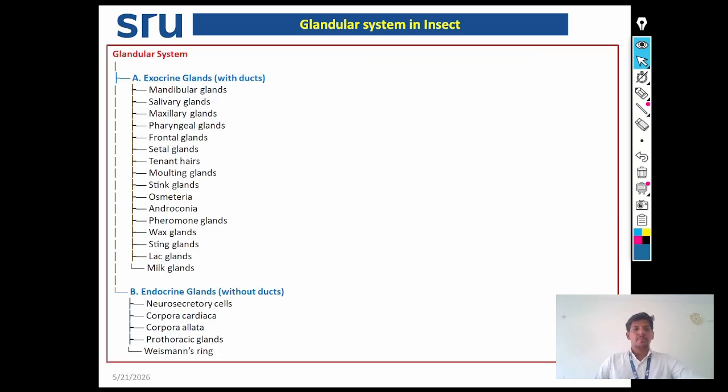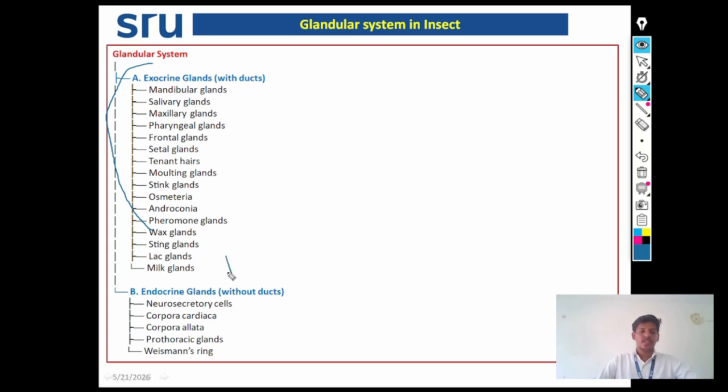So we have completed the detailed discussion about exocrine glands, that is the glands with duct: mandibular glands, salivary glands, maxillary glands, pharyngeal glands, frontal glands, setal glands, tenent hairs, molting glands, stink gland, asmatoria, androconia, pheromone glands, wax gland, lac gland, and milk gland.